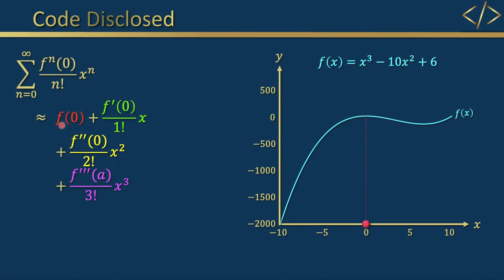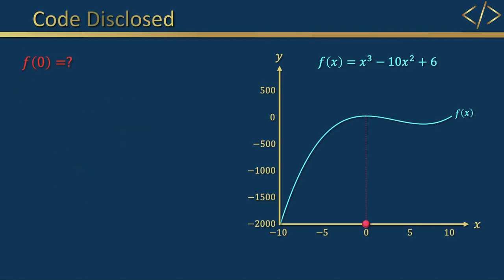Let's evaluate each term, add all of these together, and then ask the question: have we reached a reasonable approximation for this function? Let's start with the first term. The first term is just f(0), so we need to evaluate our function at 0.